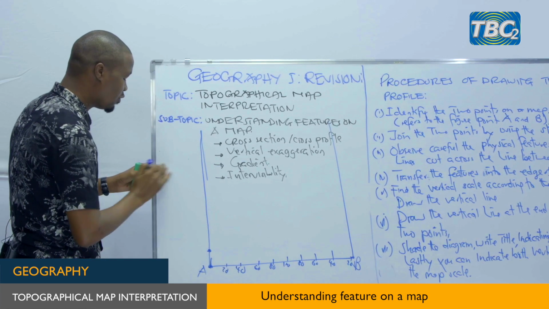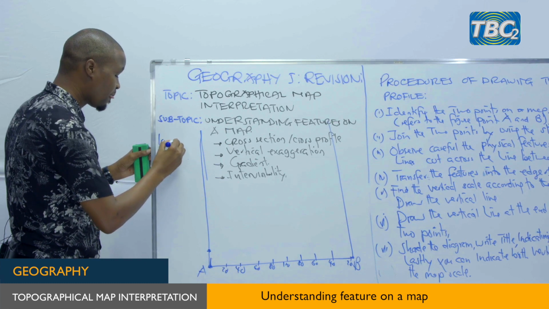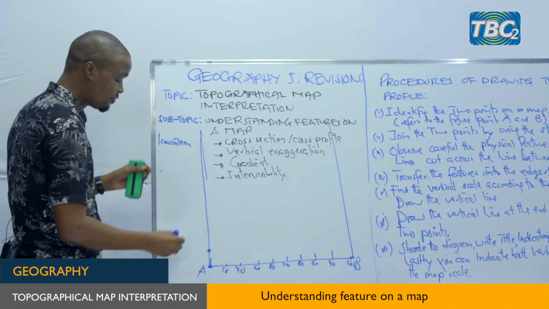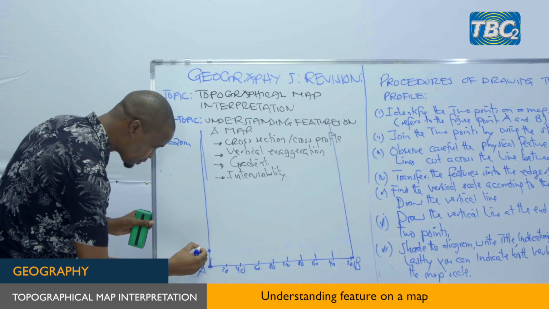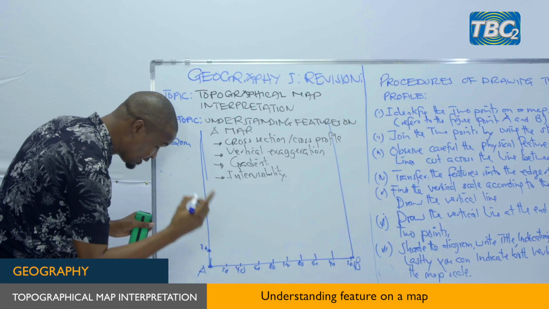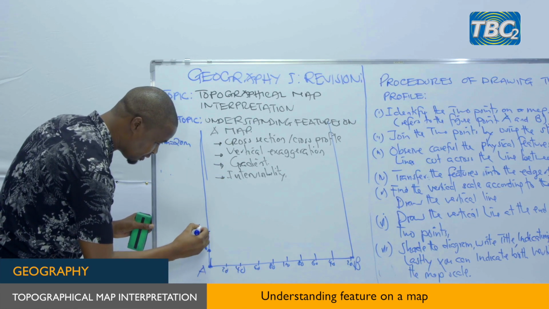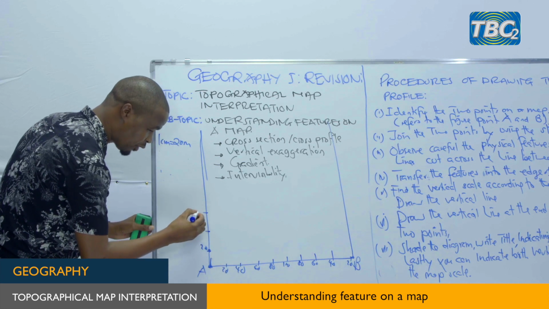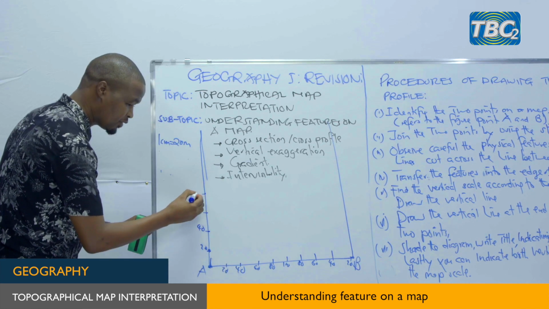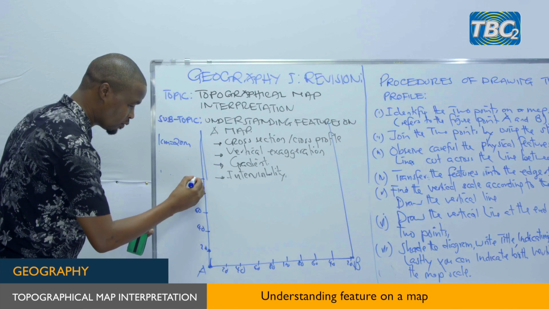Let's say we use our vertical scale 1 centimeter represents 20 meters. Then from there, I'll use 20. After 1 centimeter, 20, it means 40. After 1 centimeter, 20, it means 60. After 1 centimeter, 20, 100.